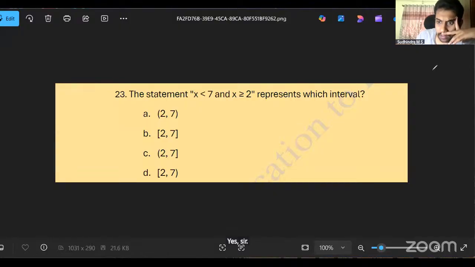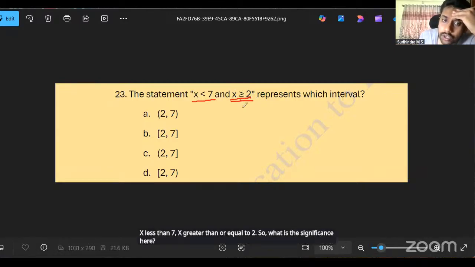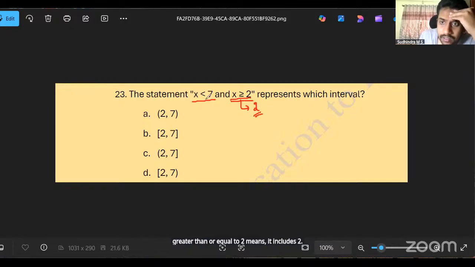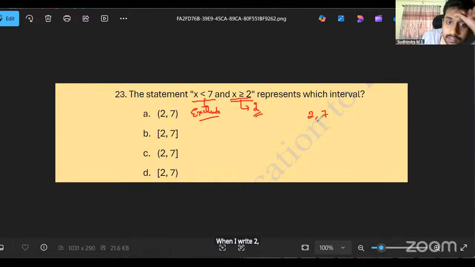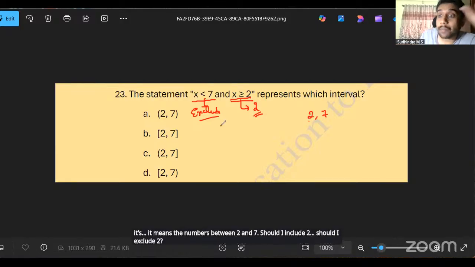Is that question visible? Yes, sir. Okay. Fine. So if you look at this question, x less than 7, x greater than or equal to 2. What is the significance here? Greater than or equal to 2 means it includes 2. Less than 7 means it excludes 7. When we bring the range in the form of brackets, when I write 2 comma 7, it means the numbers between 2 and 7. Whether to include or exclude 2 depends on the shape of the bracket.